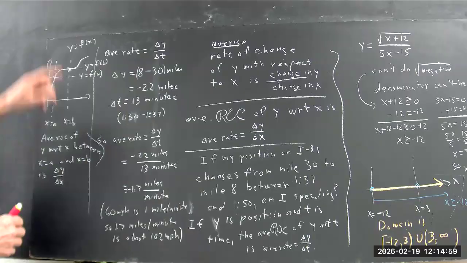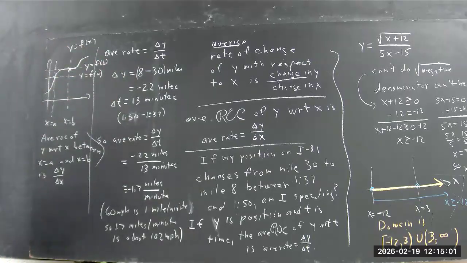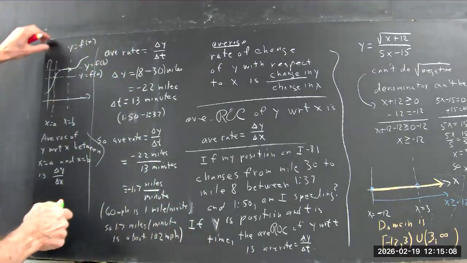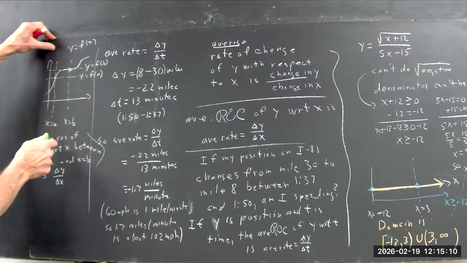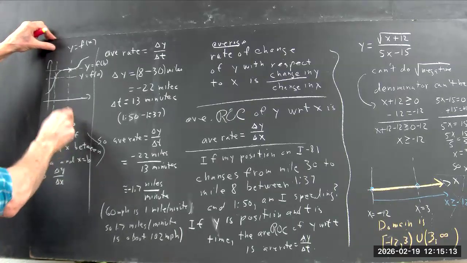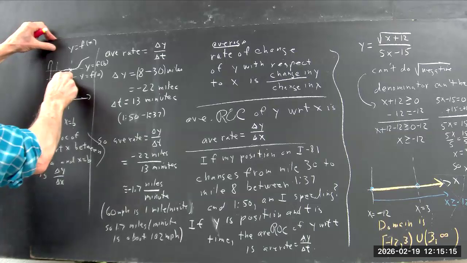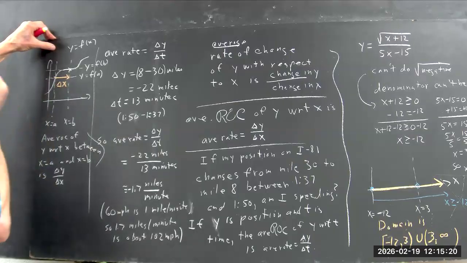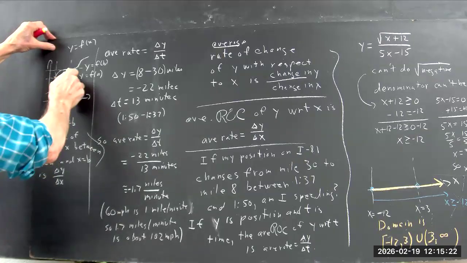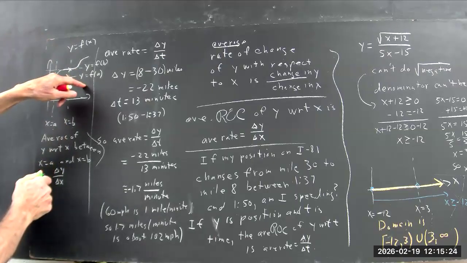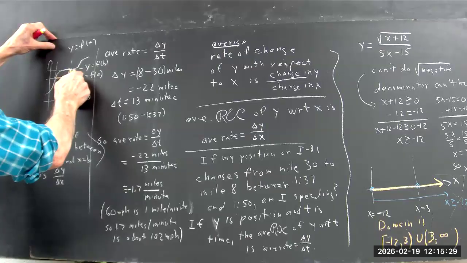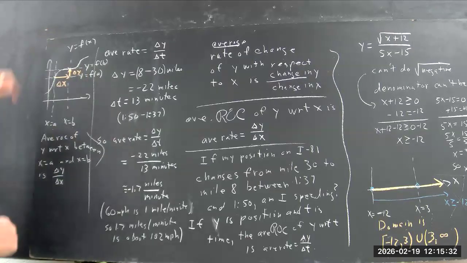If I give you the rule for the function, you're going to be able to evaluate this. In terms of just the graph, where's delta x? Well, from x equals a to x equals b, delta x, and from y equals f of a to y equals f of b, here's delta y.